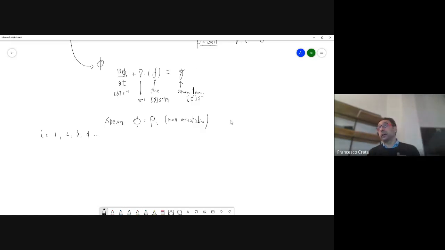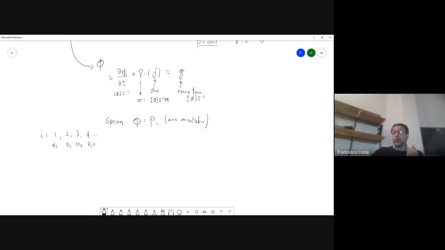I can use the same numbering here, 1, 2, 3, 4, for species such as hydrogen, oxygen, I don't know, methane, water, and so on. For each of those, I will have to write down a conservation equation of some sort, which has this kind of general form, okay?